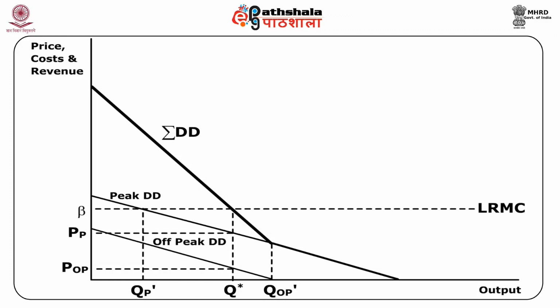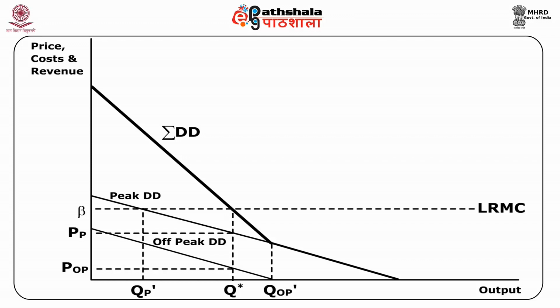In this case, to obtain the optimal capacity, we vertically add the demand curves of the two different segments. This total willingness to pay curve, or the sigma DD curve in our figure, is then equated with the LRMC to obtain the optimal capacity output of Q star, and the two demand segments share the costs of producing this capacity output.